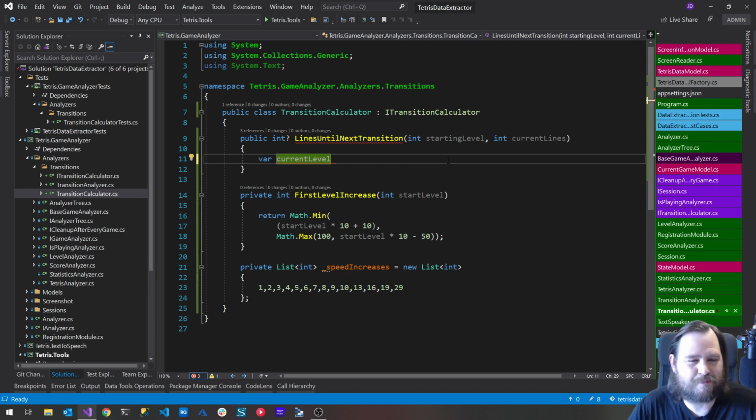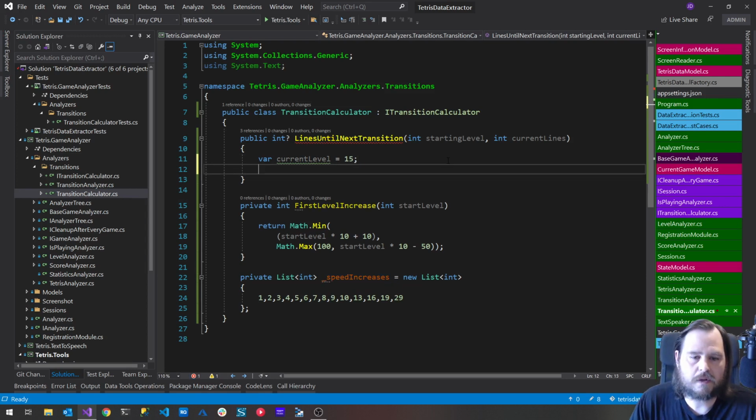I'm wondering what's better. Let's pretend we had the current level. Just say it was 15. Once we have the current level, how do we figure out when the next speed increase will happen? Well, next speed increase level equals speed increases.